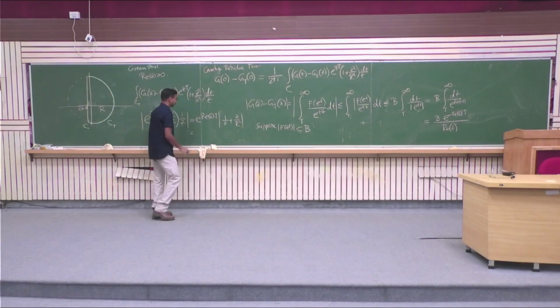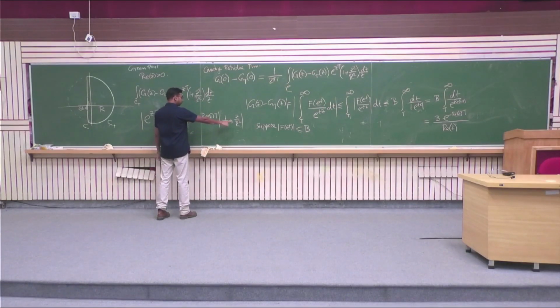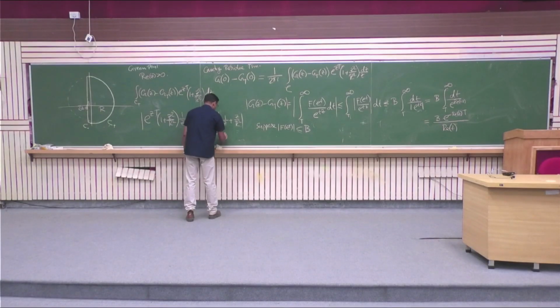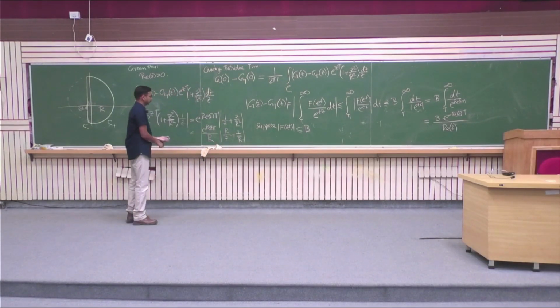We'll take one r out. Then we get e to the power real part of z times t by r, times r by z plus z by r.